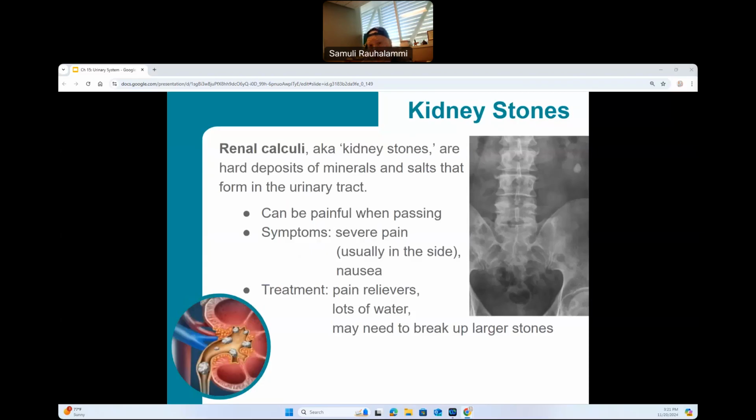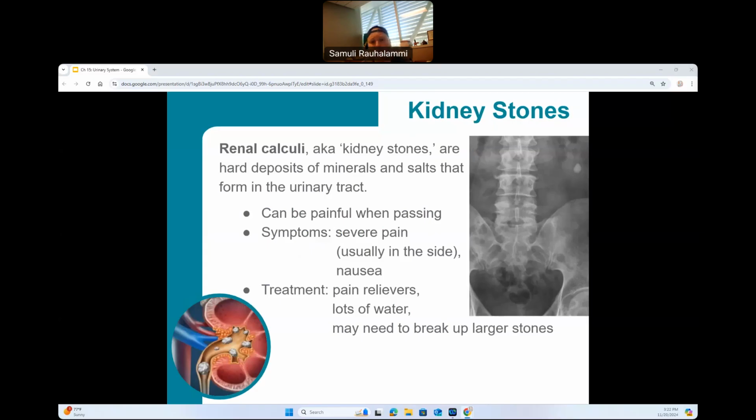The most common symptom is severe pain, which is usually in the side of the abdomen. This can be associated also with nausea. The treatment includes pain relievers, drinking lots of water to help pass the stone, and medical procedures may also be needed to remove or break up larger stones.